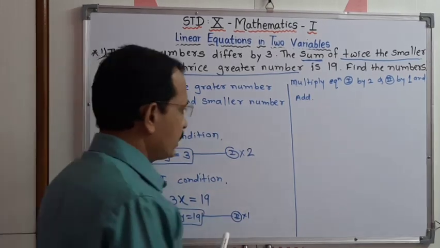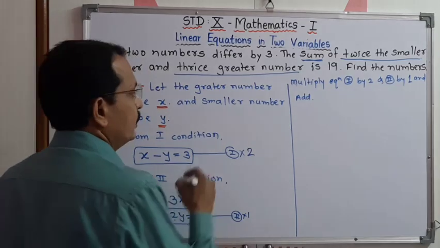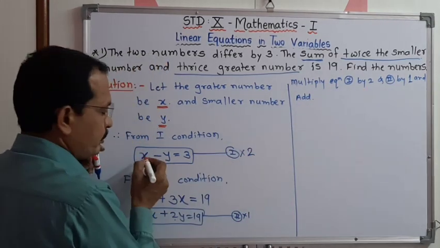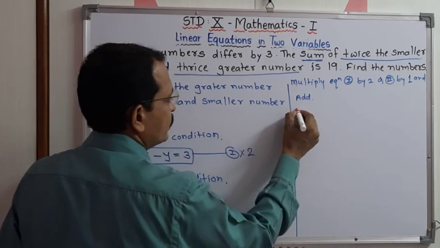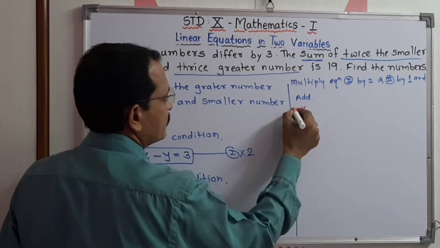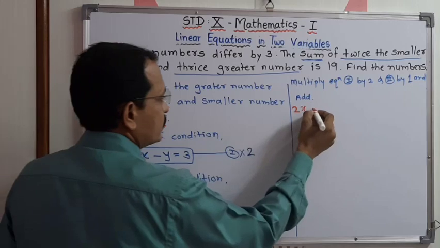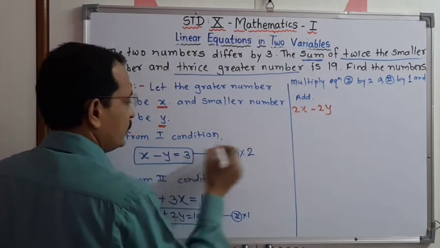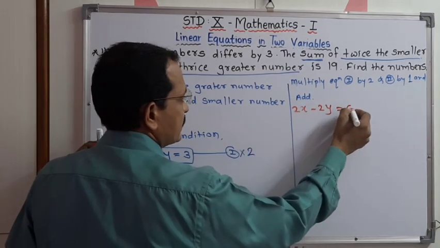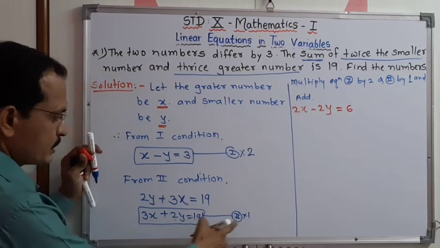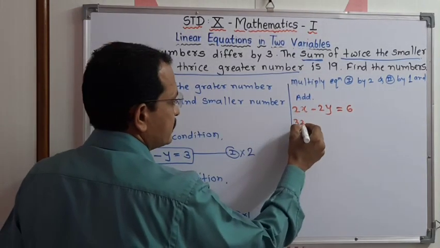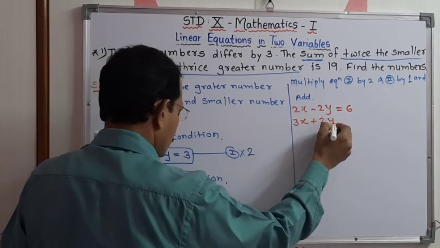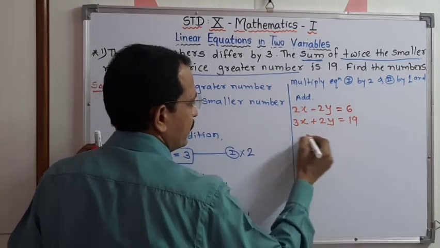Now we have to write the equations. Equation 1 by 2, that means we have to multiply each and every term of equation first. It is 2x minus 2y is equal to 6. This we have to multiply by 1, that means we have to write as it is, 3x plus 2y is equal to 19.